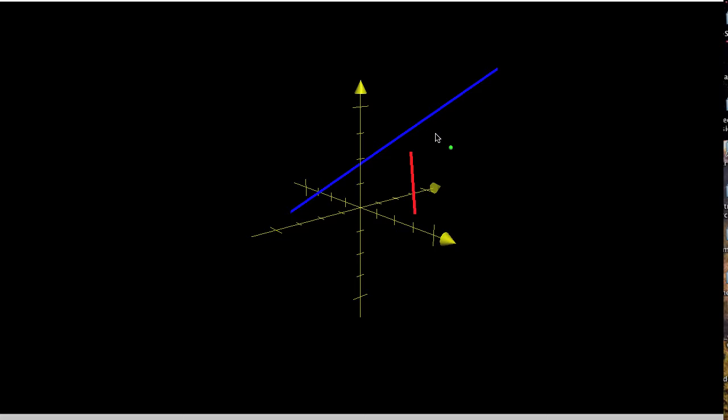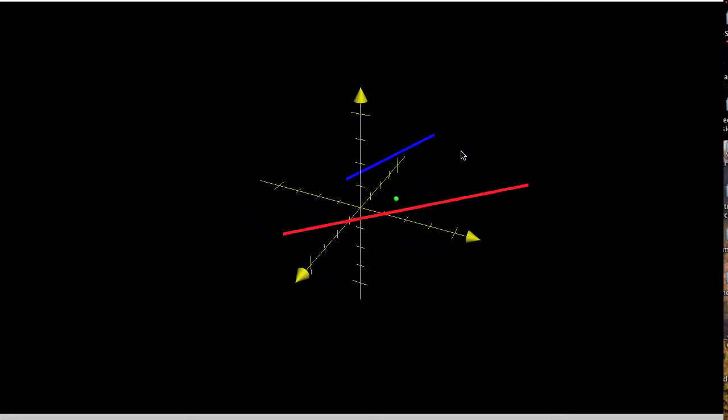Any other line I draw to the blue line, which is not perpendicular, is a longer line. It's like the hypotenuse in this right triangle. Do you see that and understand that?